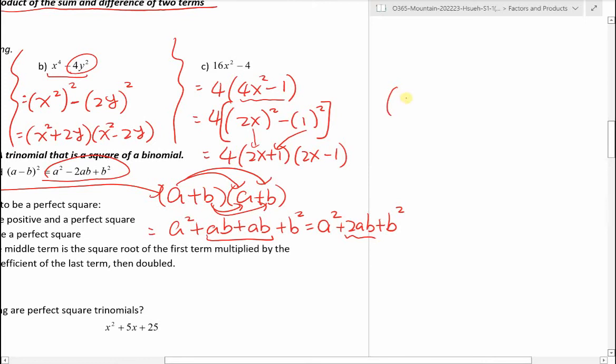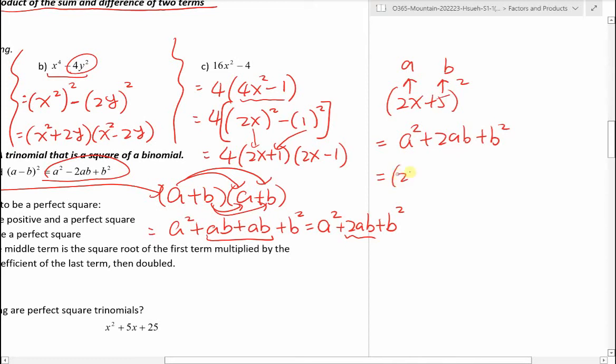Okay, I think before we look at how we factor it, let me show you an example. For example, if you want to multiply 2x plus 5 squared, if you expand this, you treat this as your a and you treat this as your b. So recall, this is going to be a squared plus 2ab plus b squared. And now you simply plug in those terms.